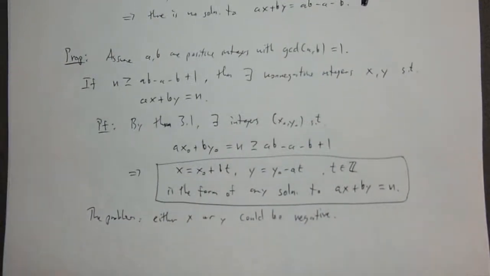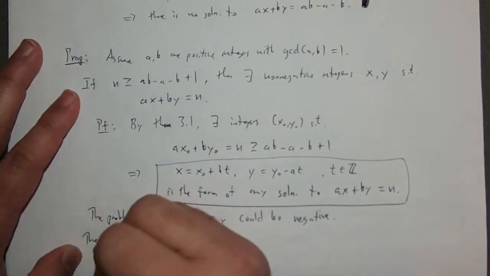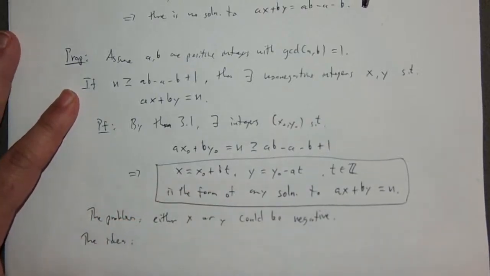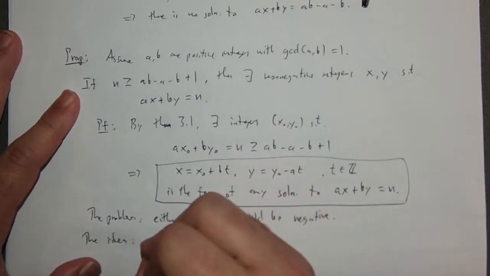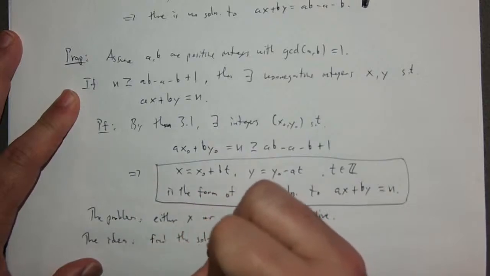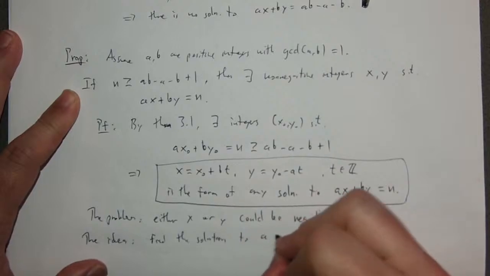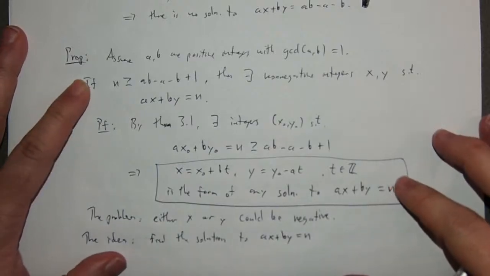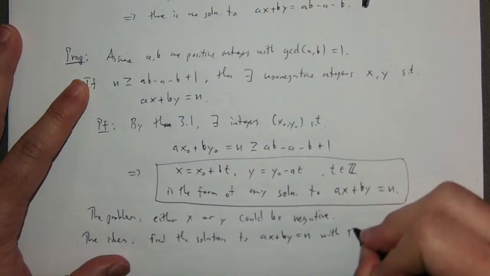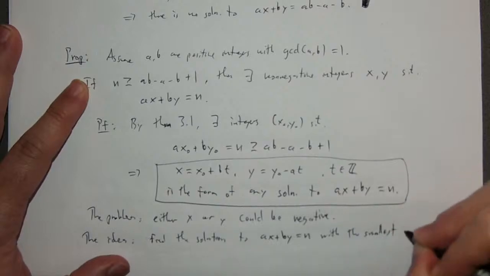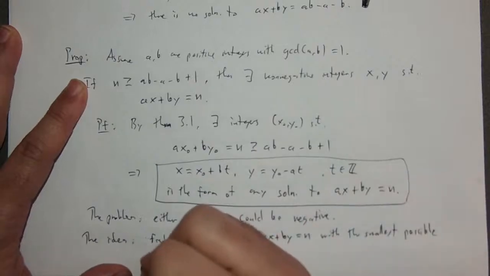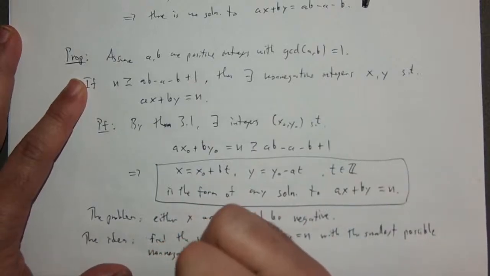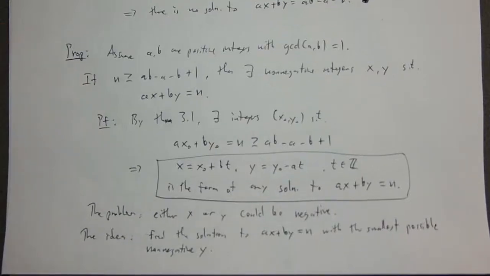Okay. So then the idea here is to find the solution to our equation ax plus by is equal to n with the smallest possible non-negative y. All right.